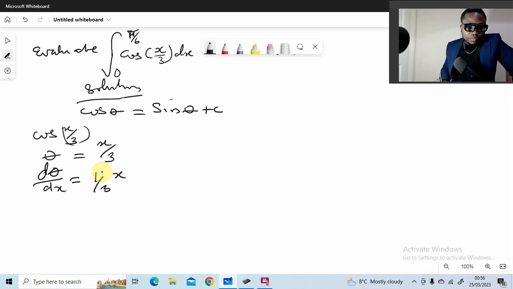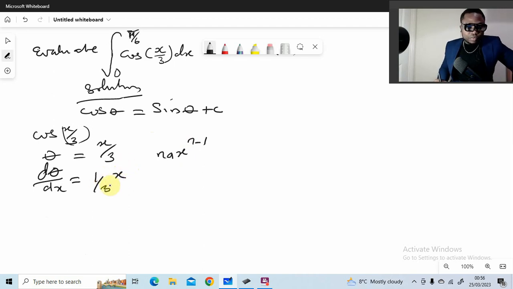So when you differentiate this, remember the formula for differentiation, which is n a x raised to the power of n minus 1. n is the power of the variable x, and the power of x here is 1.